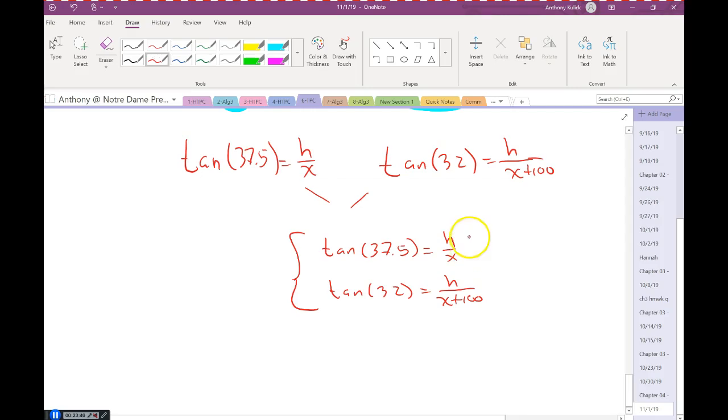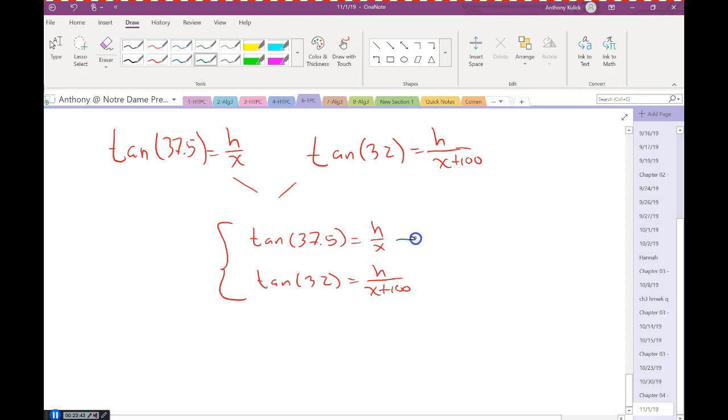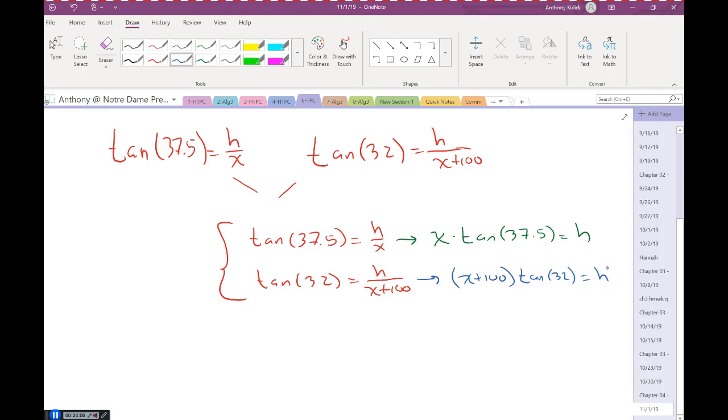I'm going to start by multiplying both sides of the first equation by x, and in the second equation, I'm going to multiply both sides by x plus 100. Now we're ready to make a substitution.